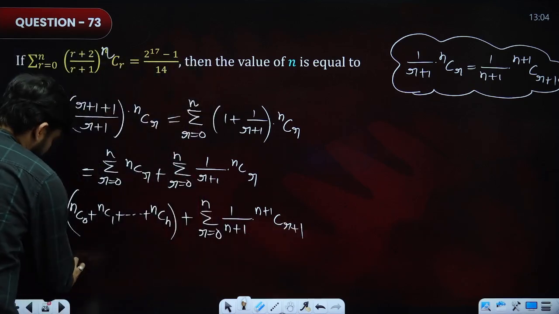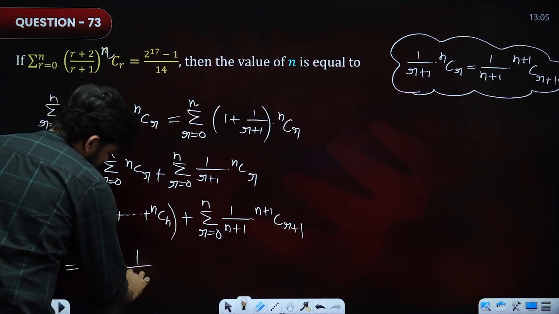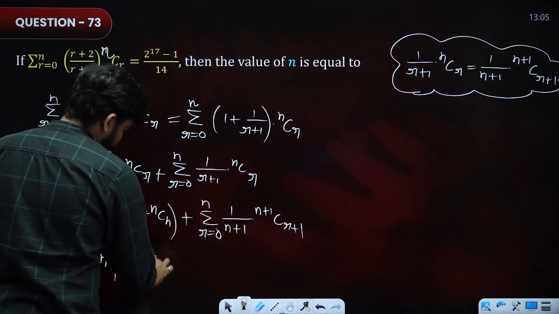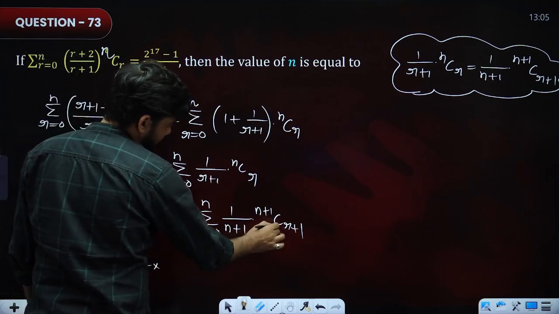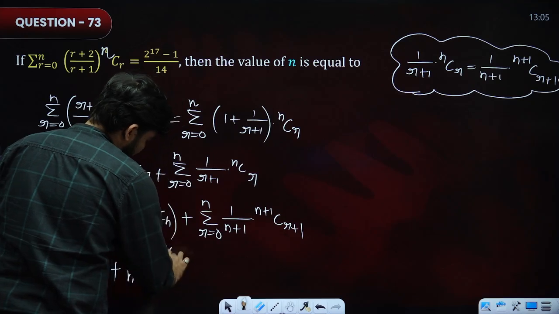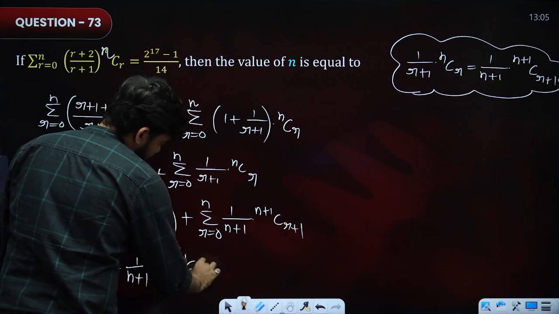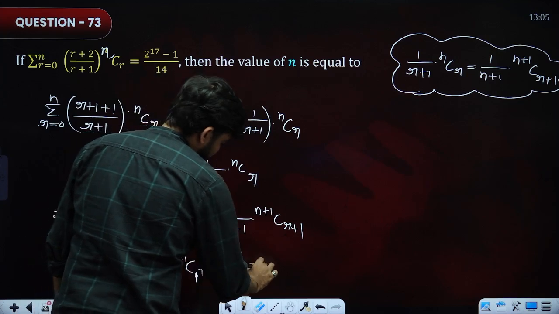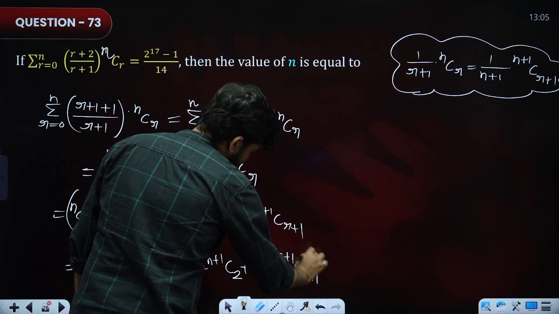Now this is equal to 1 upon (n plus 1) and the summation of this part. If I write it from r equals 0, it starts from (n plus 1)C1, plus (n plus 1)C2, till (n plus 1)C(n plus 1).